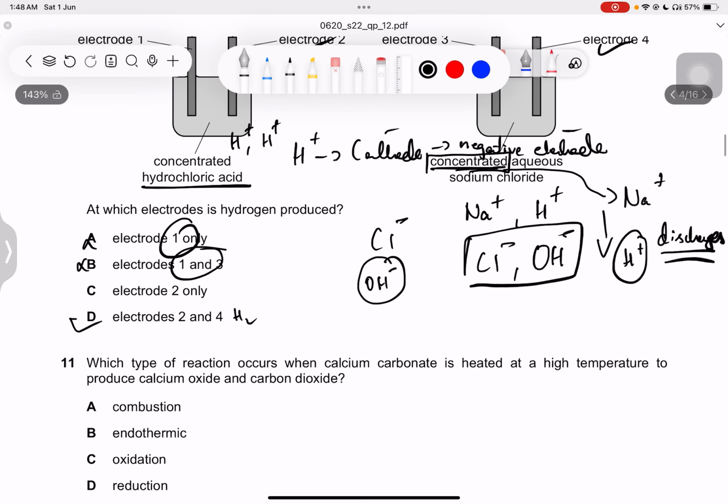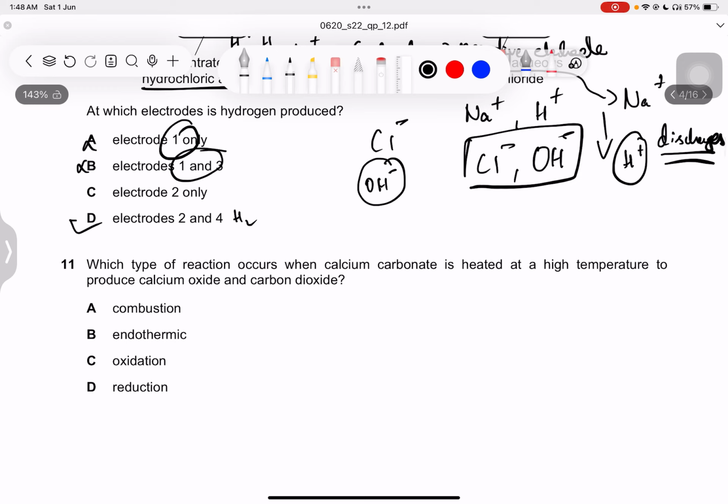Which type of reaction occurs when calcium carbonate is heated at a high temperature to produce calcium oxide and carbon dioxide? So combustion is reaction with oxygen. There is no reaction with oxygen over here. Endothermic, no, although it is heated, it is not described as endothermic, or maybe it can be, because we don't have a better option. Endothermic is not the best, probably.